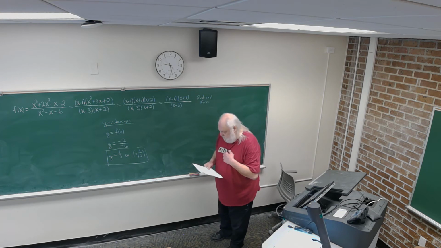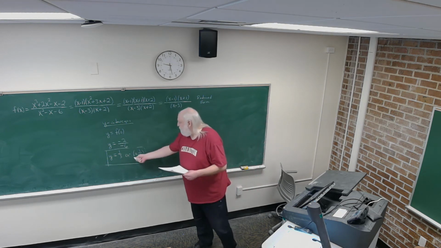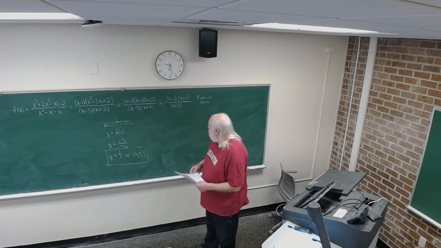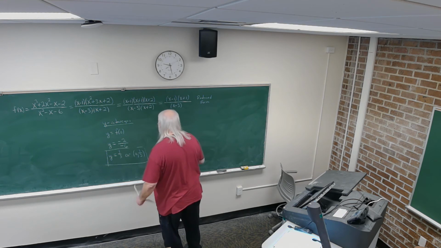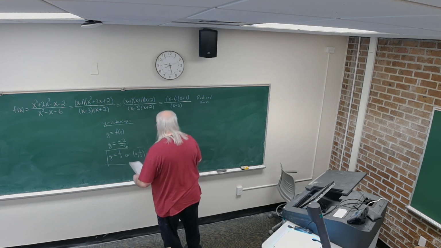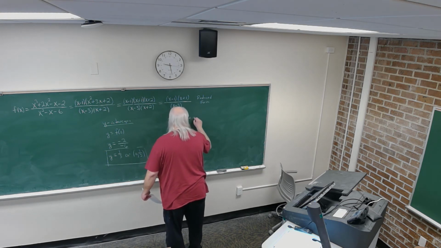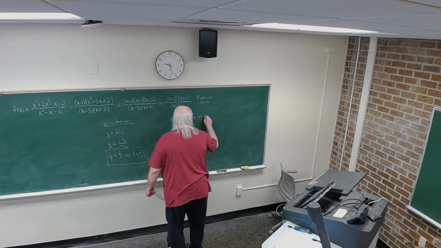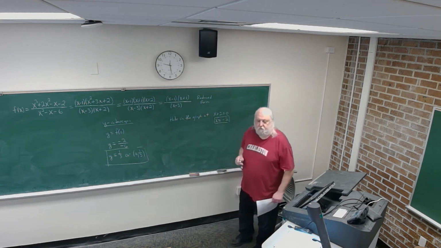And you still have the y-intercept right at y equals 1/3, or 0, 1/3. So x plus 2, what's happening there is that we have a hole in the graph at x equals minus 2.